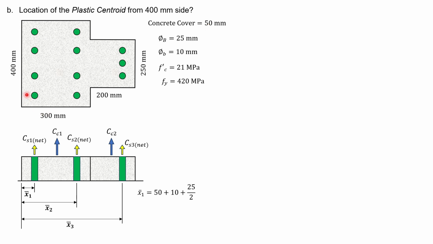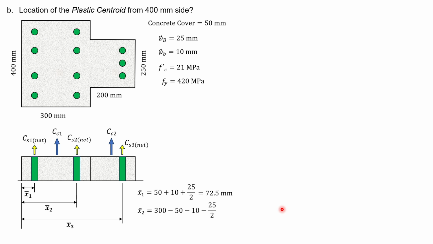That is 50 mm plus, we have here 10 mm. This is the tie diameter. Why? Because there are ties blocking first. The 50 mm is from the edge to the edge of our ties. So that is the 50 mm plus the diameter of the ties, 10 mm, plus of course half of our main bar, that is 25 divided by 2. Then finally we have X bar 1 equal to 72.5 mm.